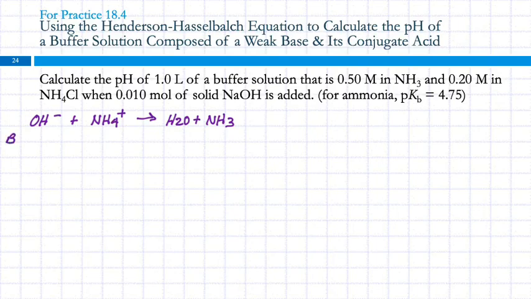So we make an ICE table. Initially 0 of that. We have to do this in moles. We have 1 liter of solution. It's 0.2 moles per liter ammonium chloride. Since there's 1 liter, it's 0.20 moles. The water doesn't matter. And the ammonia is 0.50 moles.